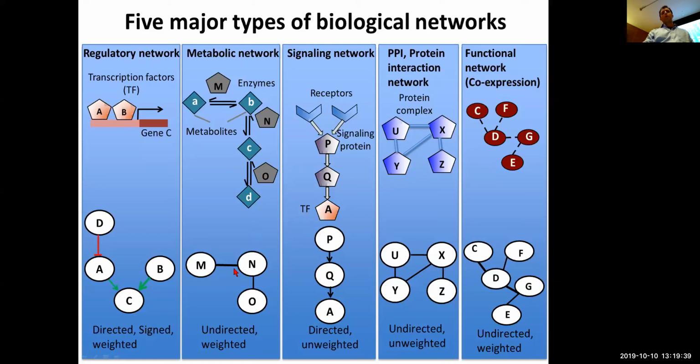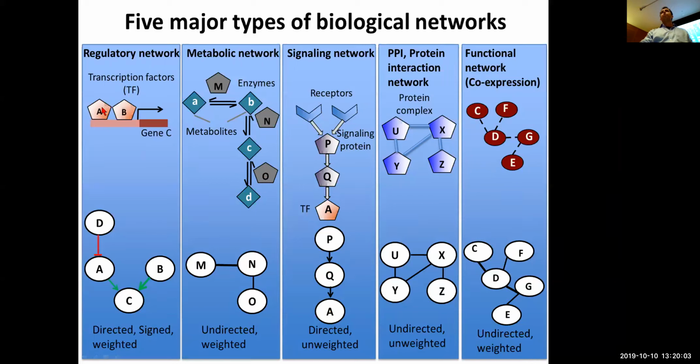So these are either undirected or bidirected because this metabolite might lead to this metabolite, but not the other way around. Or most of the time, there are symmetric reactions with different enzymes guiding those. Sounds good?